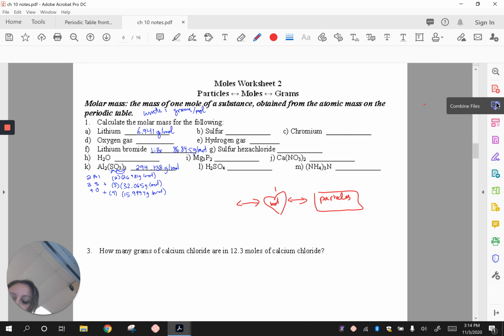And the particles could be atoms, molecules, or formulas like we learned last time. 1 mole is equivalent to 6.022 times 10 to the 23rd particles. Now we also learned that we can go from moles to grams, or mass, by using the molar mass from the periodic table.